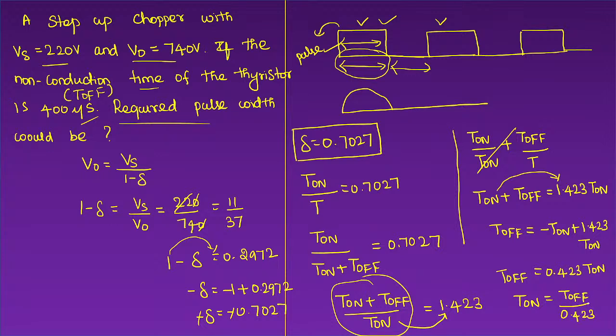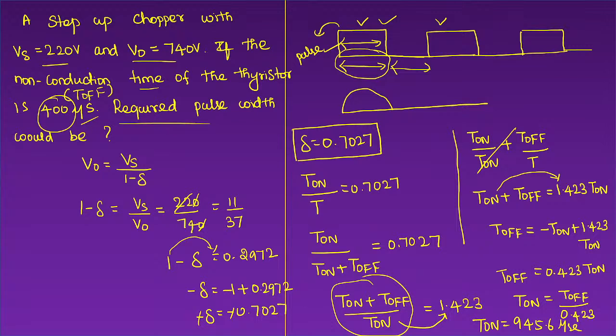The off time is given as 400 microsecond. So taking the reciprocal of 0.423 and multiplying by 400, I will be getting 945. So the value of on time will be equal to 945.6 microsecond.